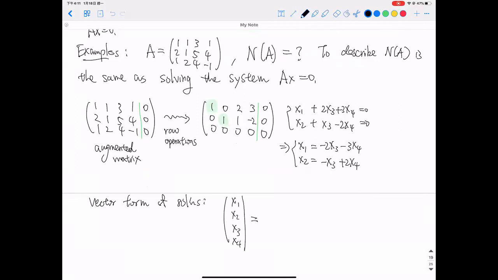Okay, so we have x1, x2, x3, x4, and they are minus 2x3 minus 3x4, minus x3 plus 2x4, x3, x4, and we're going to break these into two terms, one term proportional to x3, the other proportional to x4.